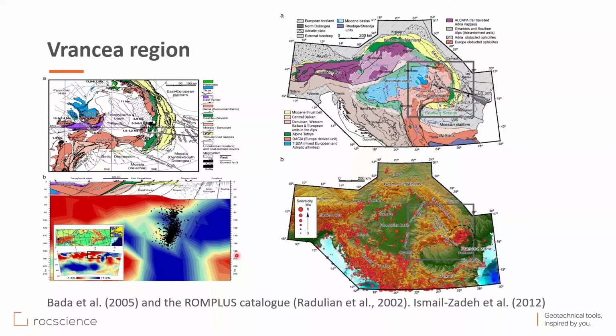I would just like to draw your attention to an important region. Mainly it is the Vrancea region, which is very similar to the Hindu Kush region. Here is a seismic tomography profile with the hypocenters.